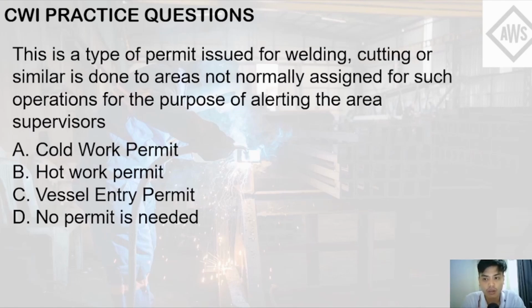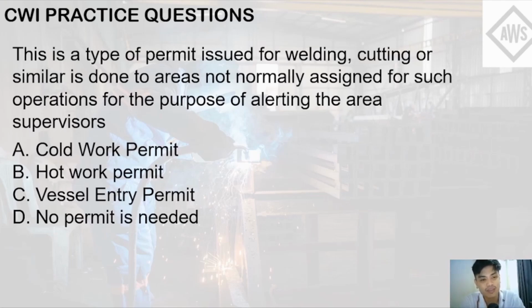For example, in an oil and gas refinery or a petrochemical plant that normally generates fumes, hot spatter or generated heat might ignite those, basically creating fire. Vessel entry permit is used for confined spaces that need to be validated first for their oxygen level before any activity is conducted or commenced.